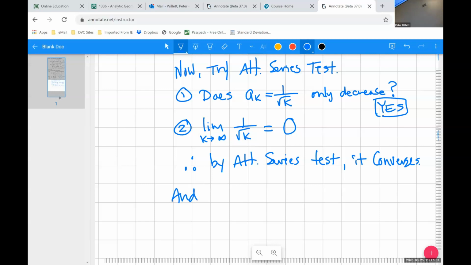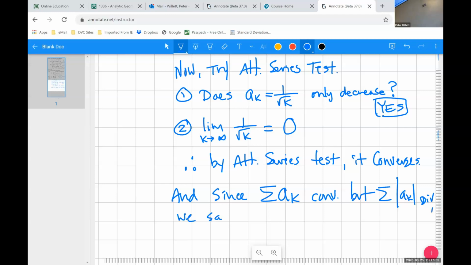And to finish the problem, since the series given converges, but the series of absolute values diverges, we say the series is conditionally convergent.